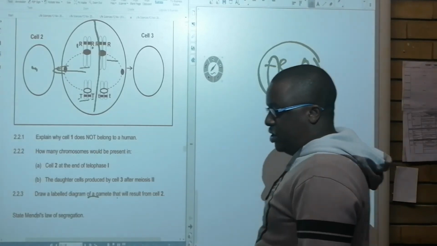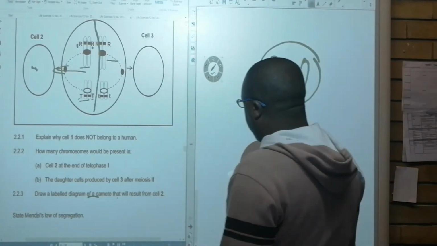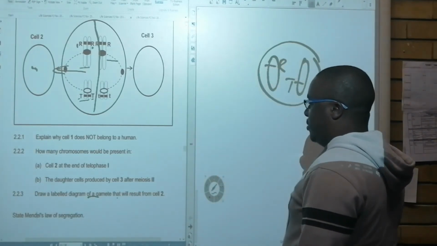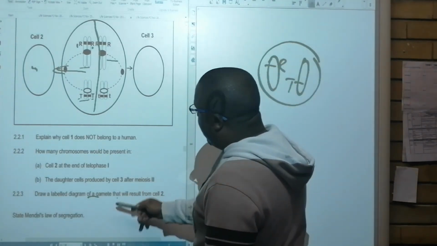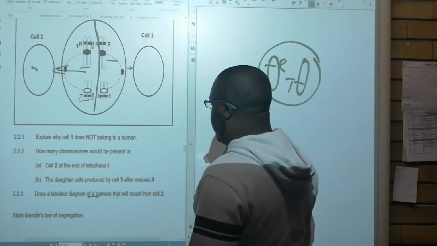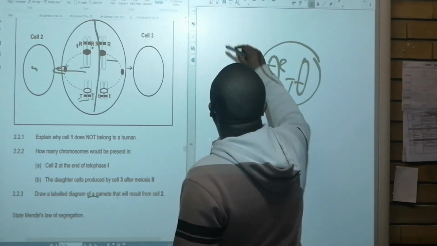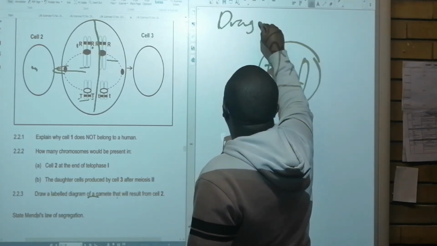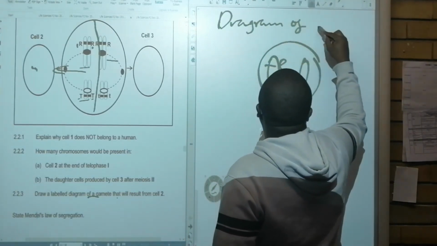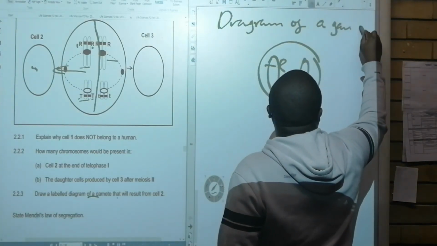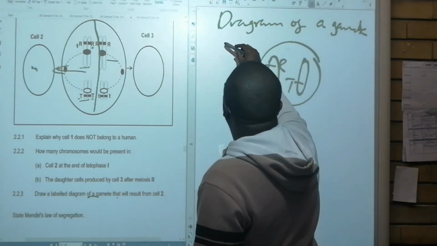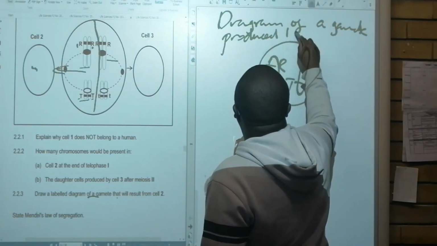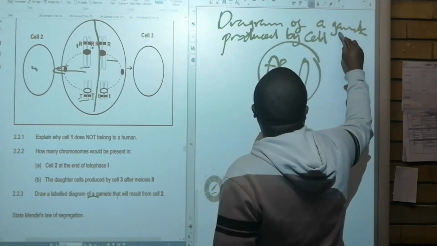Every diagram in life sciences has to have a caption. Draw a labeled diagram of a gamete that will result from cell 2. So my caption might be: diagram of a gamete produced by cell 2.